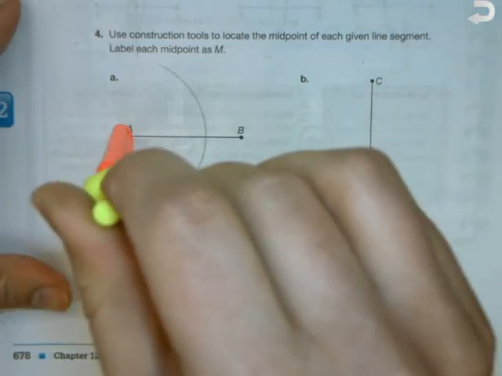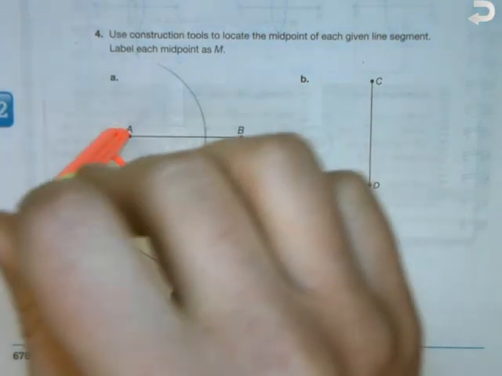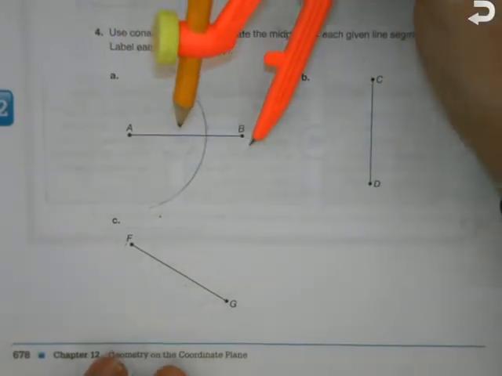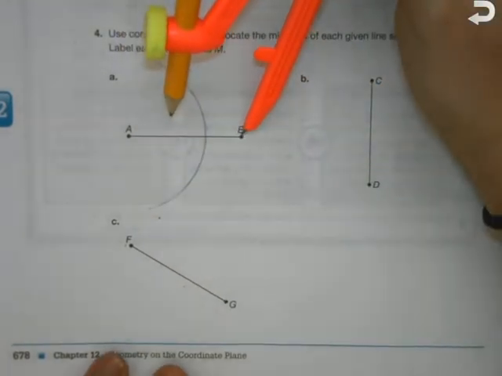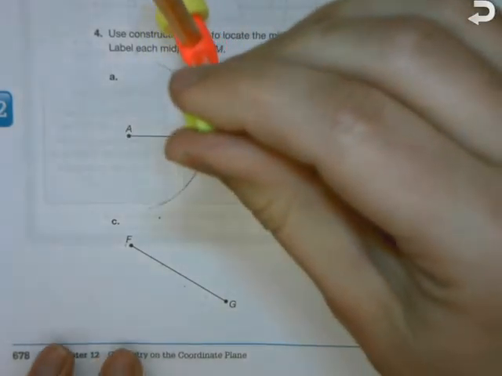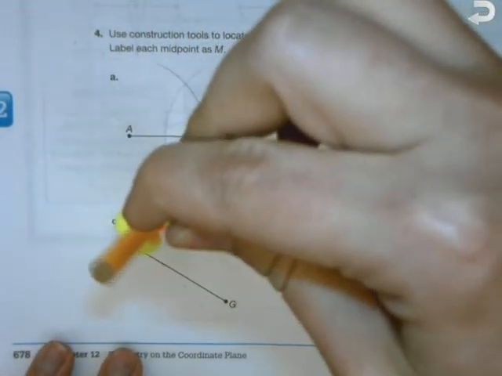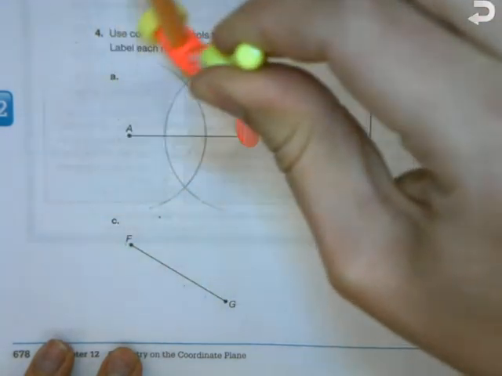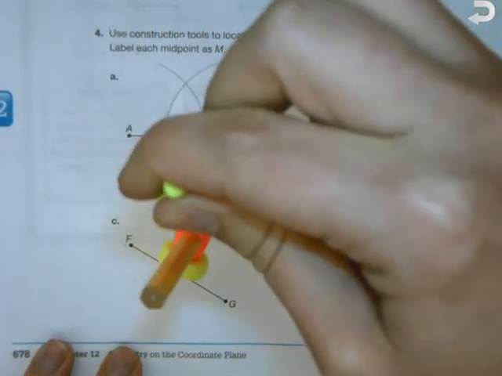So try and go like about half a circle, okay? Now, without changing the opening of your compass, put the tip of your compass on endpoint B, and you're going to do the exact same thing. So that's why it has to be greater than half, because if our compass was open only halfway, they would never intersect. So we want them to intersect.